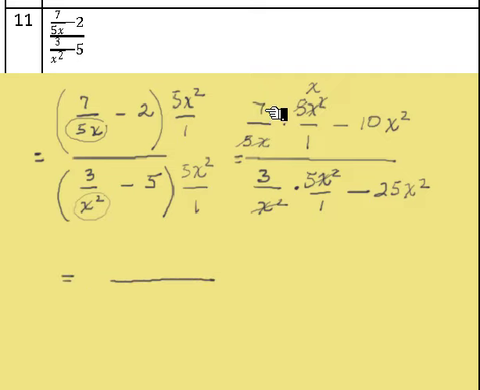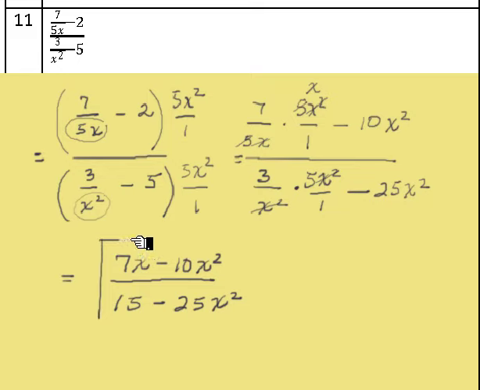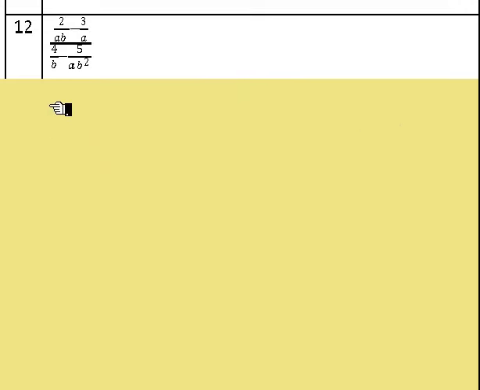In the numerator we have 7x minus 10x squared, and in the denominator we have 15 minus 25x squared. And that's simplified.